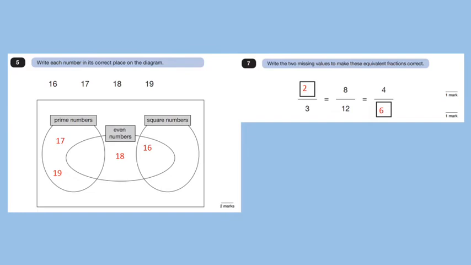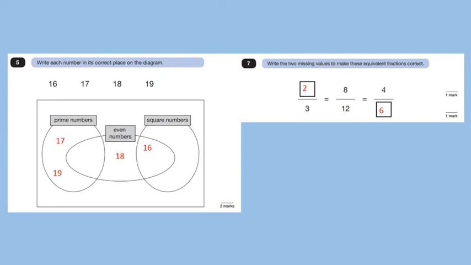We have got 16 and 18. Both of them are obviously even numbers, but one of them has got to be able to go into the squared number part as well. So thinking about your square numbers, you'll find that they go in the correct places like they are on the screen.